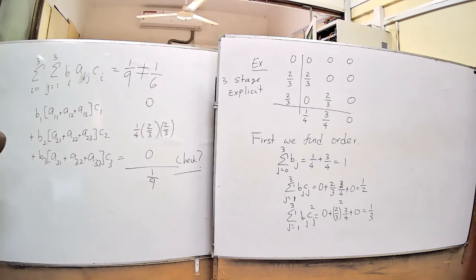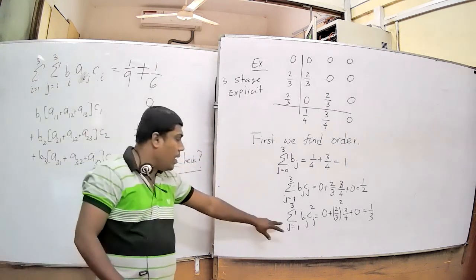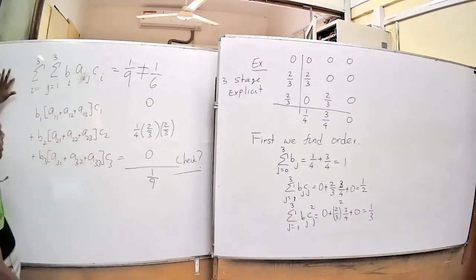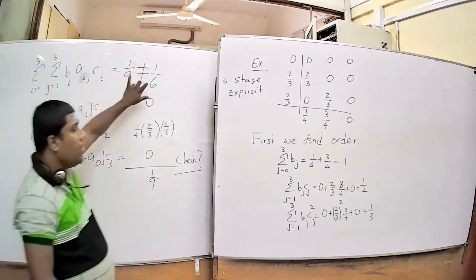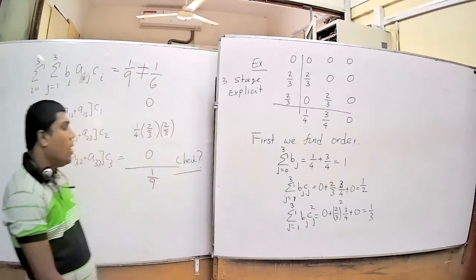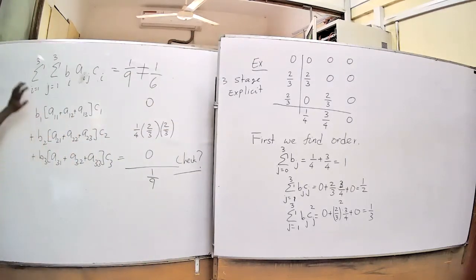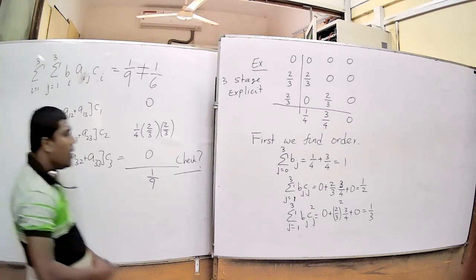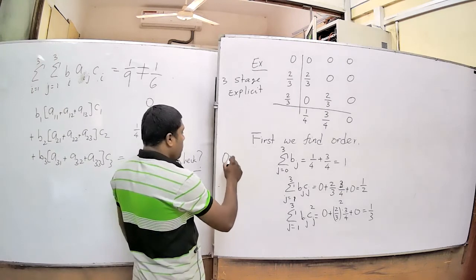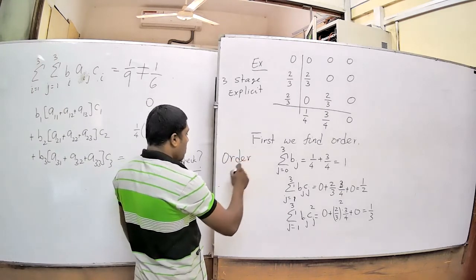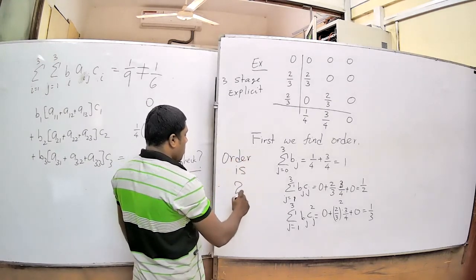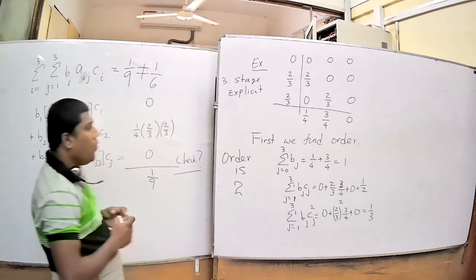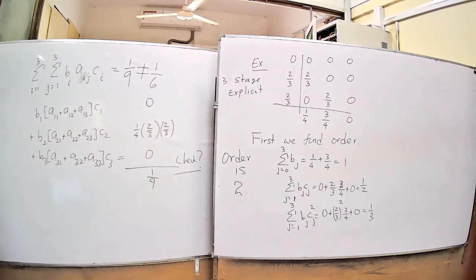If you look at the formula set I gave you earlier, if these three are fine, and after this, if this one is 1 upon 6, then we say that the method is order 3. But unfortunately, this one is 1 upon 9, not 1 upon 6. So only this can be order 2. So this is of order 2.